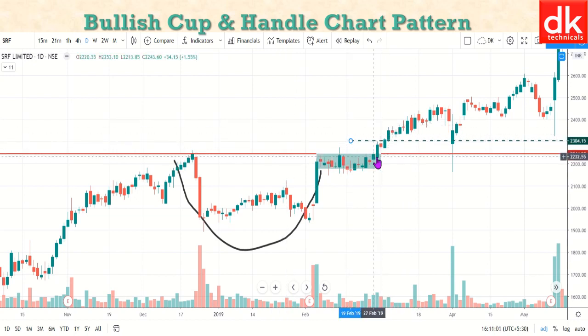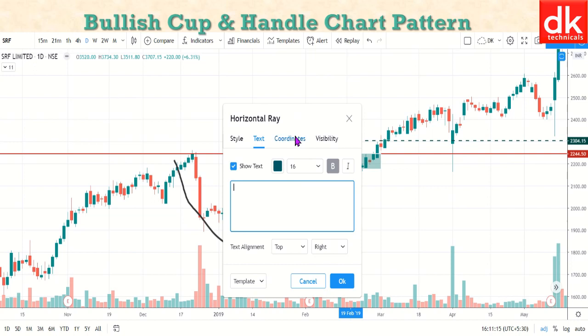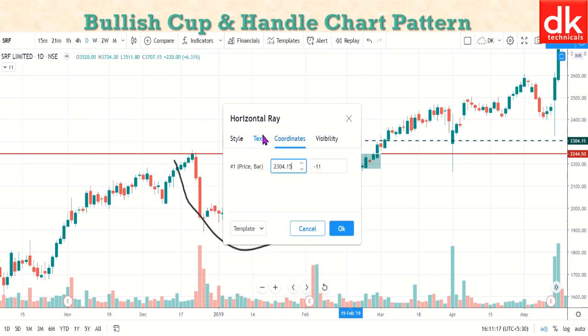On this breakout candle, which has taken place here with a rise in volume, we'll check whether there is an increase in the volume or not, and we make an entry. So this becomes our entry. Let me mark the entry. The entry would be above the high of the breakout candle, so it will be 2305, for example.